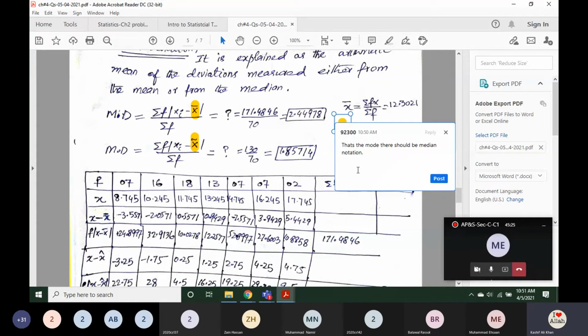That's the mode notation. But it's the median value. So students, please correct it.